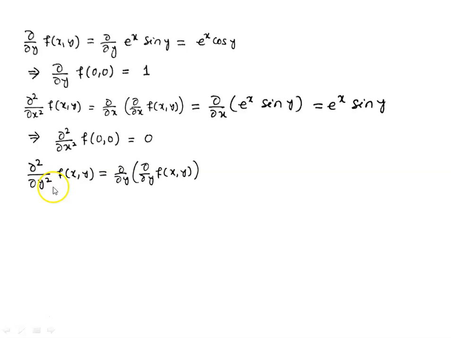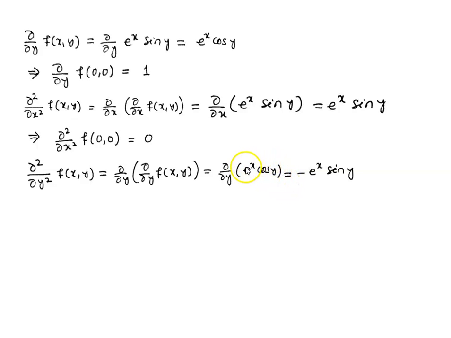Now ∂²f/∂y² of f(x,y) is ∂/∂y of ∂f/∂y. Now ∂f/∂y is e^x cos y. So we have ∂/∂y of e^x cos y.